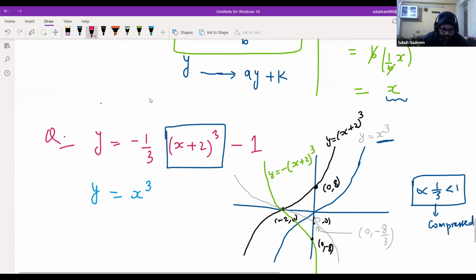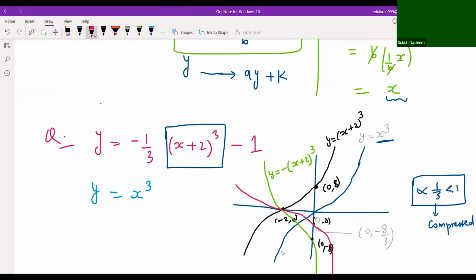Let me show it by another color, which is too light. It is compressed by 3 units. Is it okay?